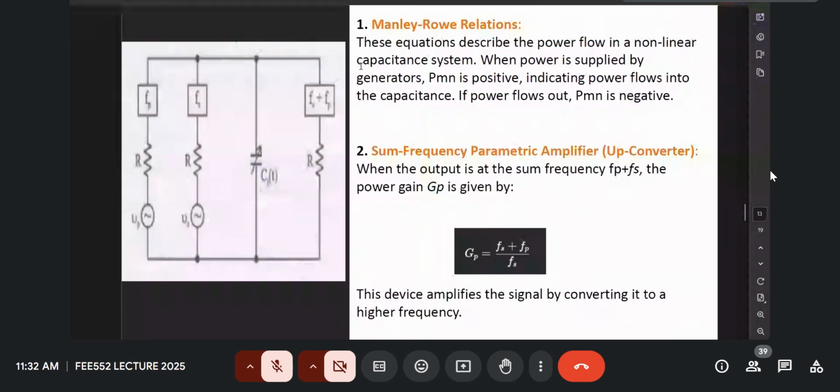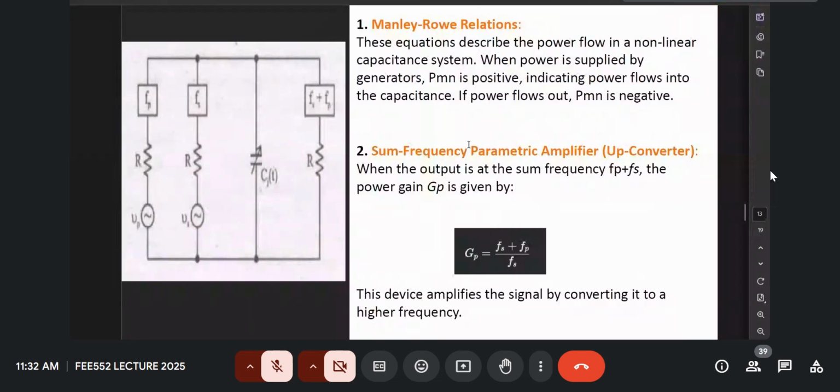So wherever you see a negative power out of the capacitive elements, we know that the power was actually flowing out of the capacitor, and whenever it is positive, it indicates that the power flows into the capacitance.